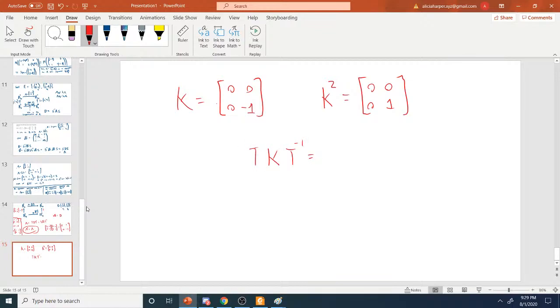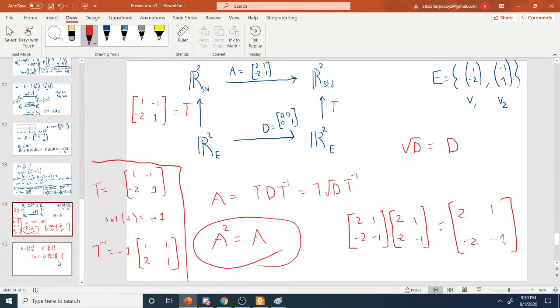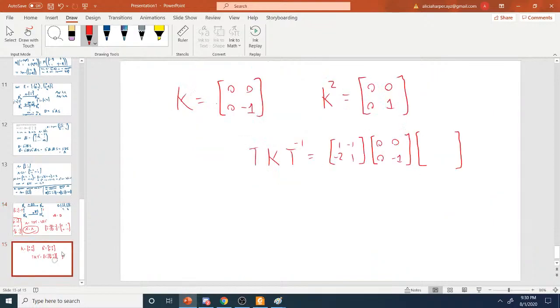So this is going to be the same thing as, let's go through it. 1, -2, -1, 1, and then times 0, 0, 0, -1, and then times something. And the something is going to be T inverse, which I know to be this.